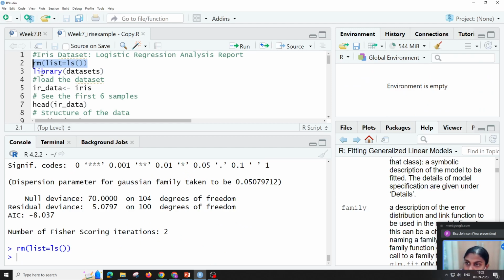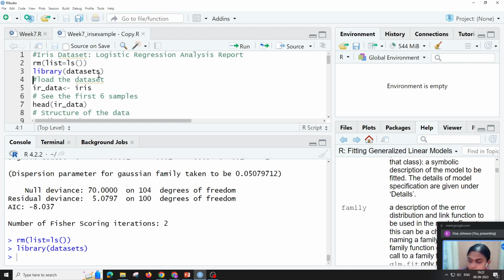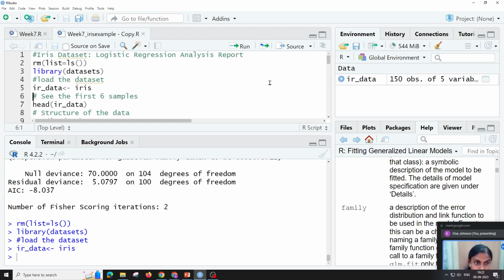Then directly call library of datasets. If you load it, all the pre-available datasets will be loaded, and in that you just type iris because it's stored under the name iris. So iris data, I am storing it as AR underscore data.